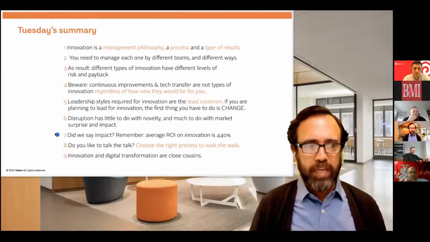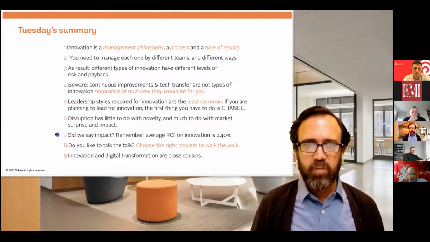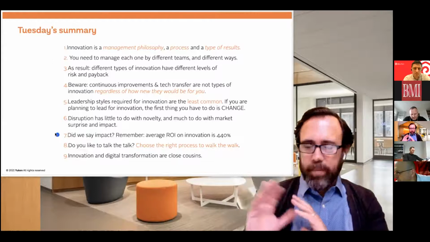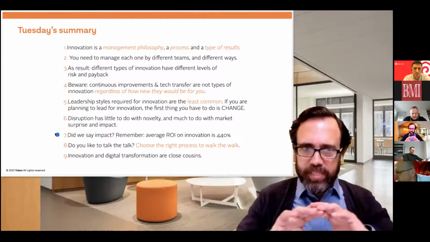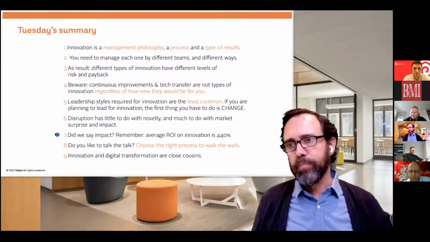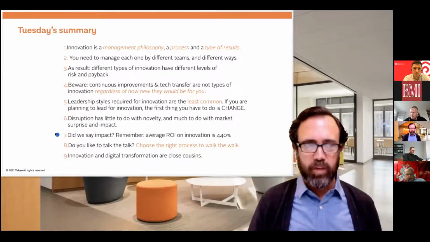Now, we talk about impact. Remember this: the average return on investment on innovation is 440%. And we don't need to go into super moonshot bets to get that. It's just the basics. On average, that's composed of very bad projects and a very few specific, very good projects.